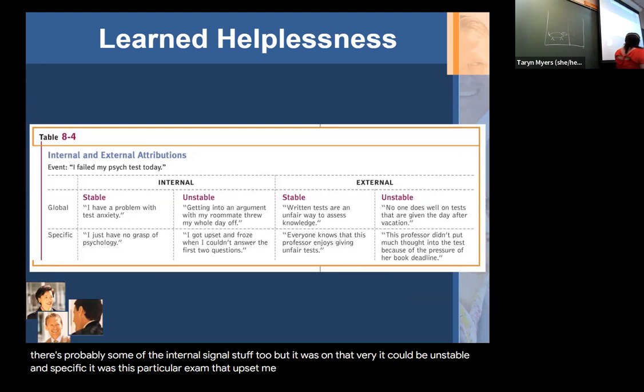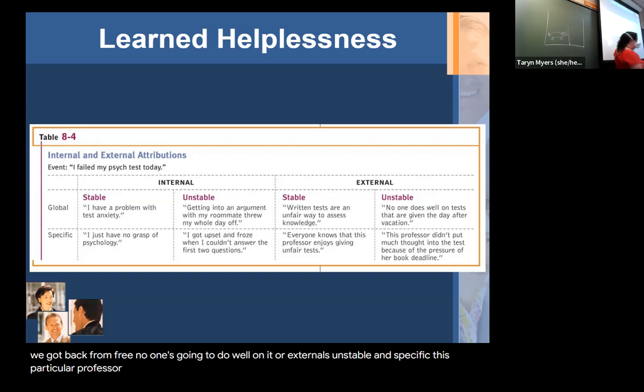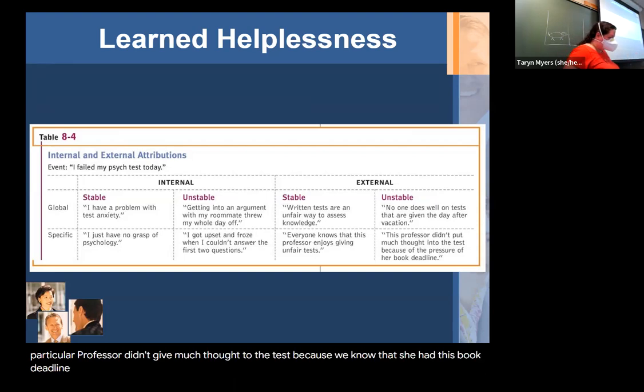It could be external. Written tests are never fair. Everyone knows this professor enjoys giving unfair tests. Or it could be unstable. Oh, they gave the test the day after we got back from break. No one's going to do well on it. Or external, unstable, and specific. This particular professor didn't give much thought to the test because we know that she had this book deadline, right?